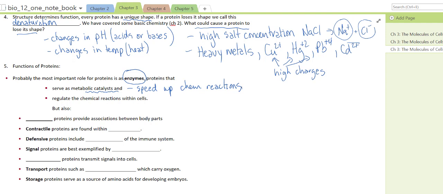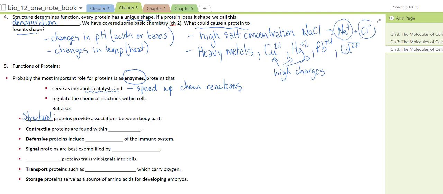But proteins have other roles as well. We have structural proteins, which provide associations between body parts. Some of these can be within our muscles and connect our muscles to other components like tendons and ligaments and bones.